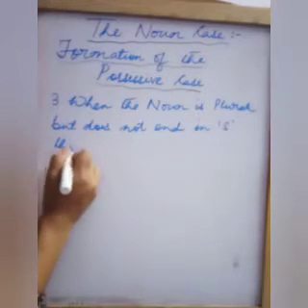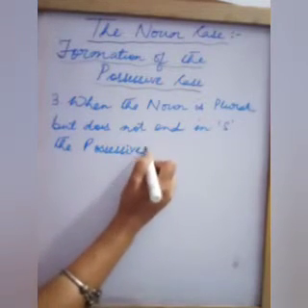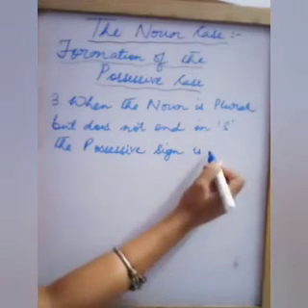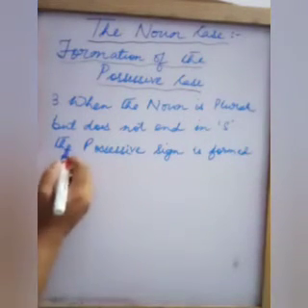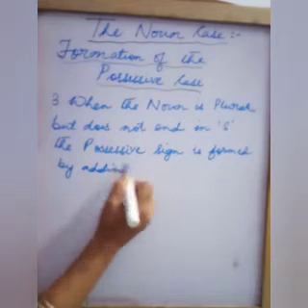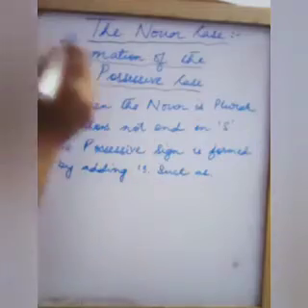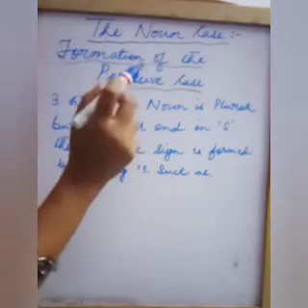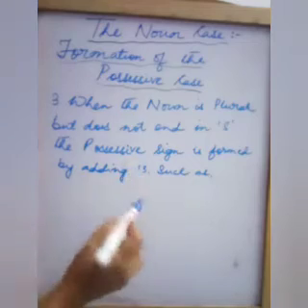The possessive sign is formed by adding apostrophe s. Same like we did with the singular noun, we added an apostrophe s. In case of plural which does not end in s, we will again add an apostrophe s.